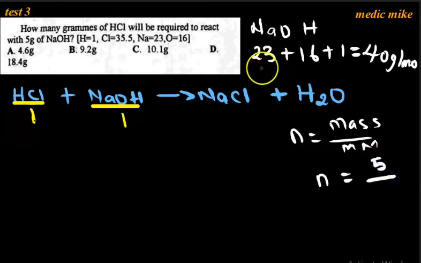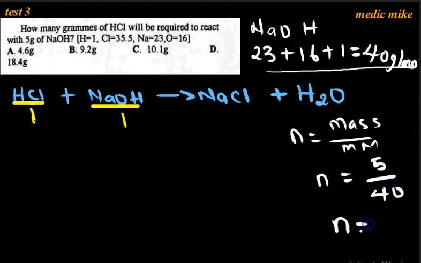Up over here we have the molar mass to be 40 grams per mole. You can see how I found the molar mass using their individual masses. So 5 grams over 40 grams per mole will give us the mole of sodium hydroxide as 0.125.